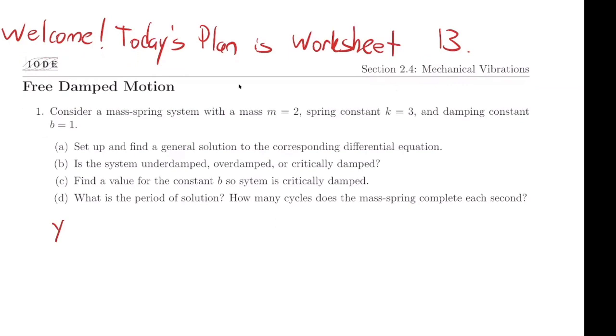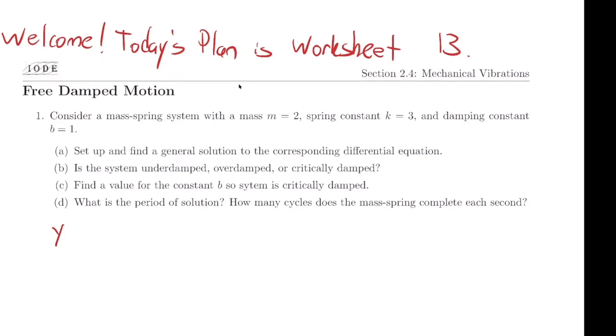In general, these differential equations are mass times the acceleration plus the friction constant times the velocity plus the spring constant times our position. If we don't have any forcing in the system, then it's going to equal 0.